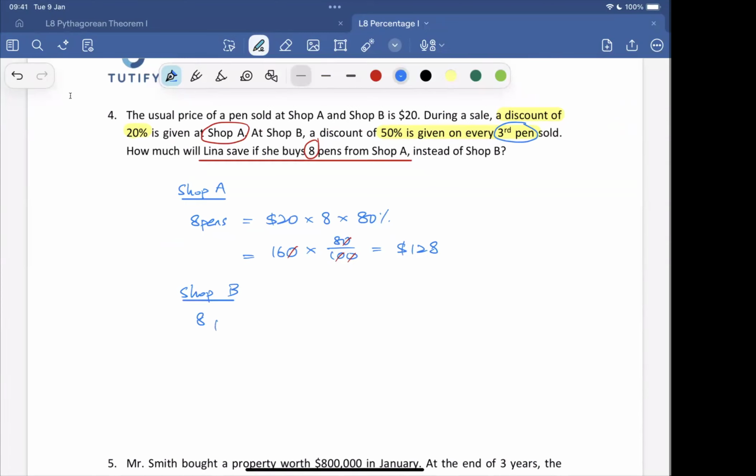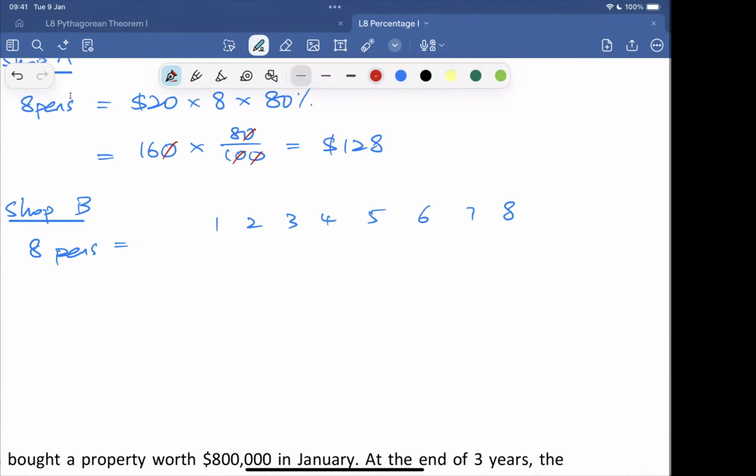If you want to buy 8 pens, okay? Then multiples of 3 and 6. So let's say you bought 1, 2, 3, 4, 5, 6, 7, 8. You have 8 pens, right? Tell me which pen will have a discount. 3 and 6. Correct. So this will be 50% discount, right? What about the others? 100%.